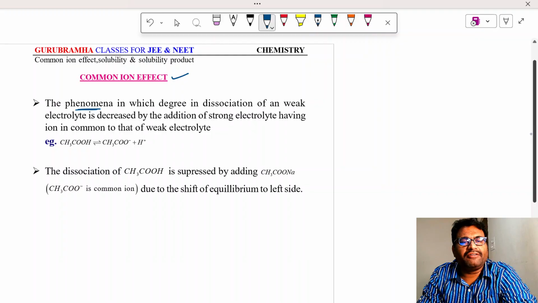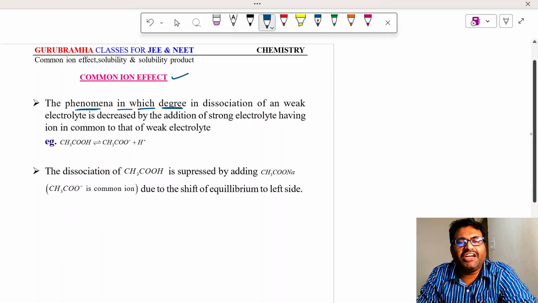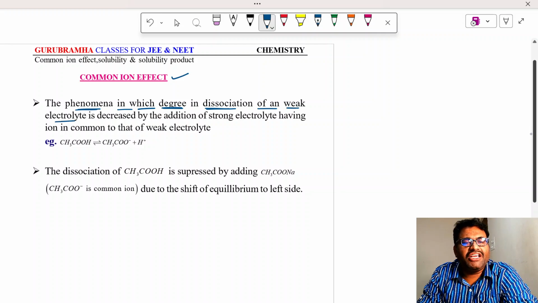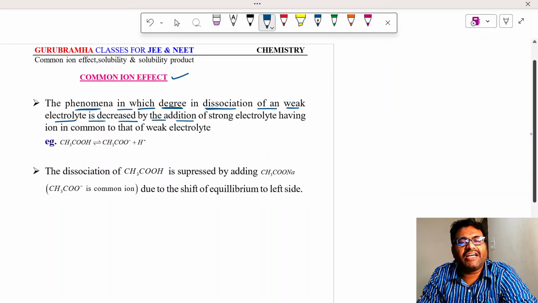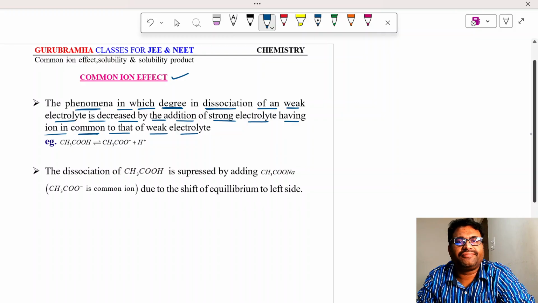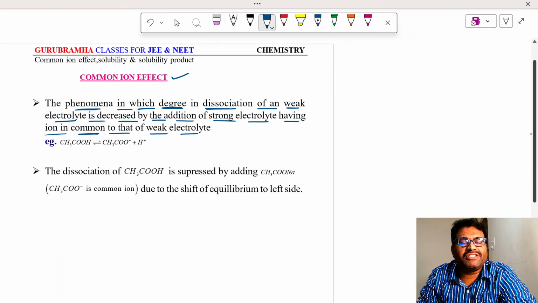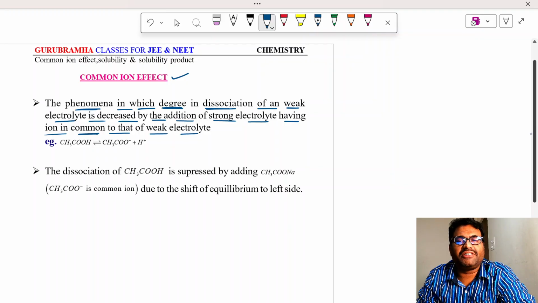It is the phenomenon, the process, in which the degree of dissociation of a weak electrolyte is decreased by the addition of a strong electrolyte having an ion in common to that of the weak electrolyte. An example is given: acetic acid dissociating into acetate ion and H+.